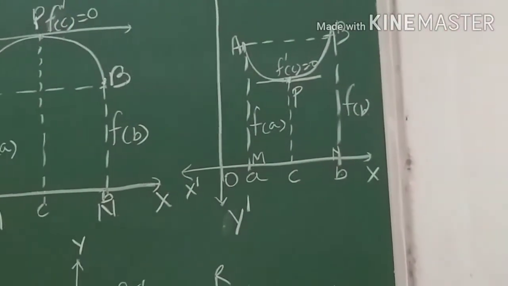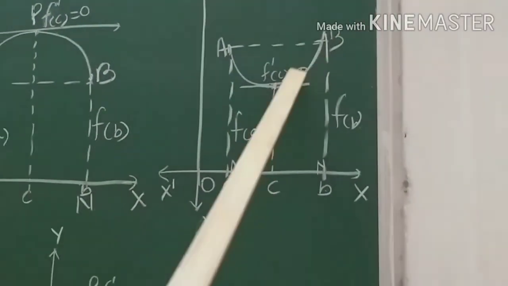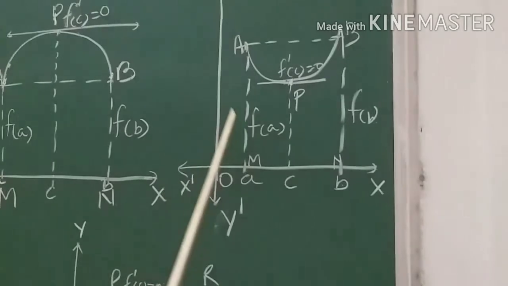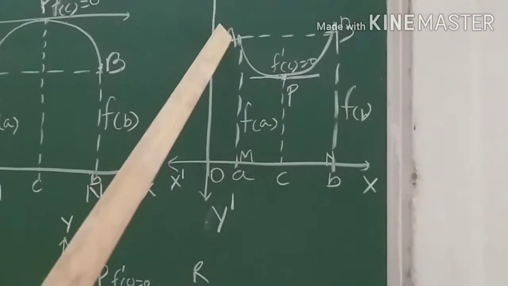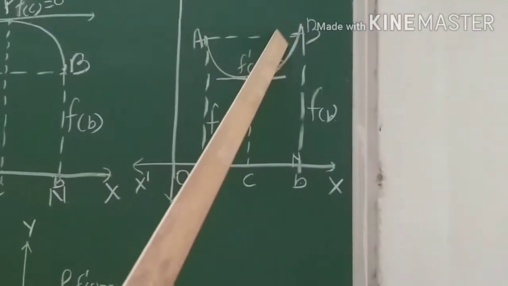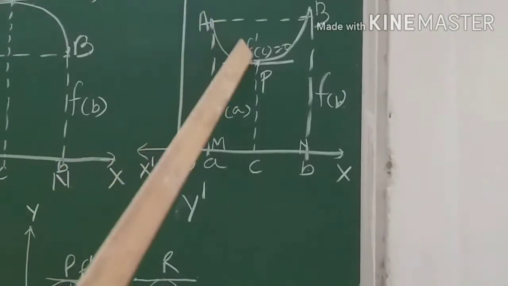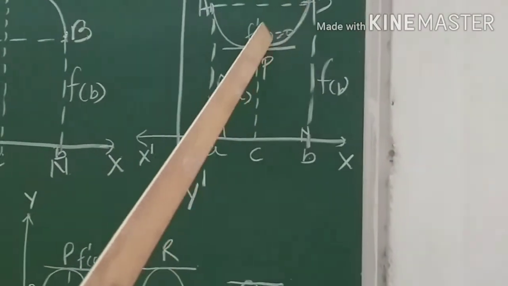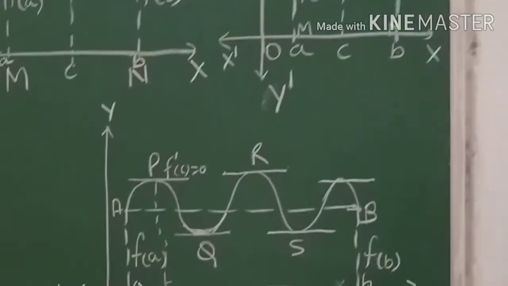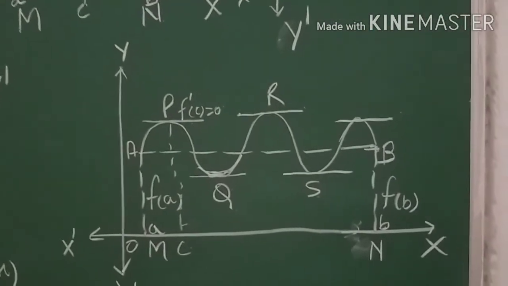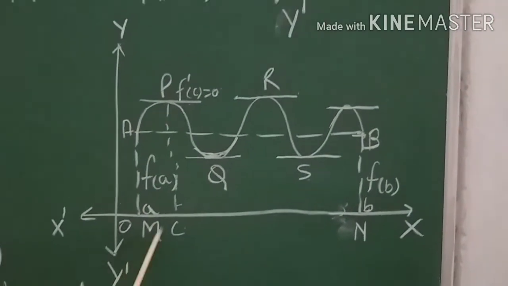In this figure also, you can see there is a function defined on the closed interval a to b, and it is also continuous. Continuous means there should be no break, no gap. Similarly, in this figure you can see the x-axis and the y-axis.